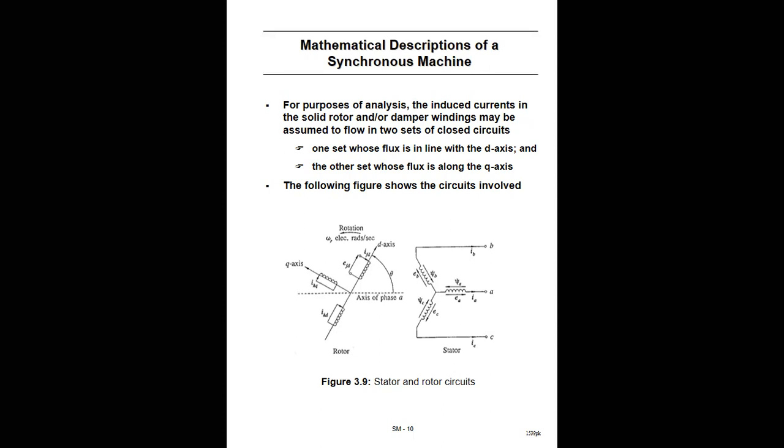In figure 3.9, the left-hand circuit indicates the rotor of the synchronous generator, and on the right-hand side is the circuit of the stator. In the rotor circuit, we can see the quadrature axis and the direct axis, and the other terms as discussed earlier. Let's move ahead.